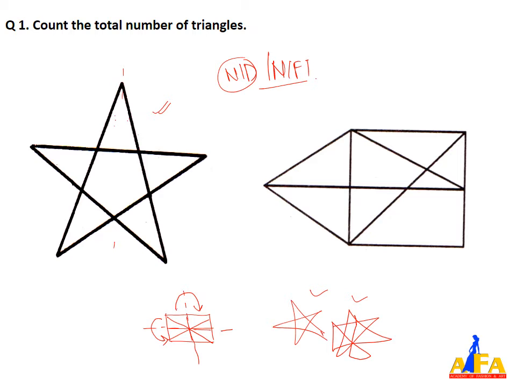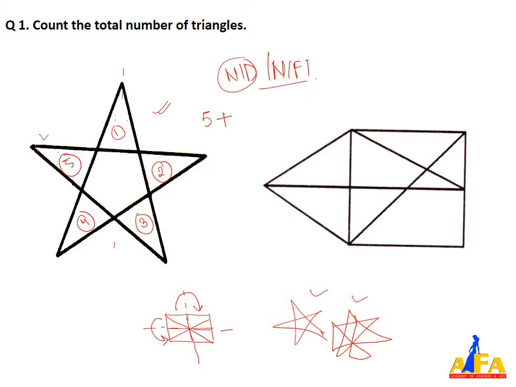so if we start calculating the number of triangles in this star, starting from this point, this is 1, this is 2, 3, 4 and 5. So the number of small triangles is 5, plus these triangles are also forming combinations.